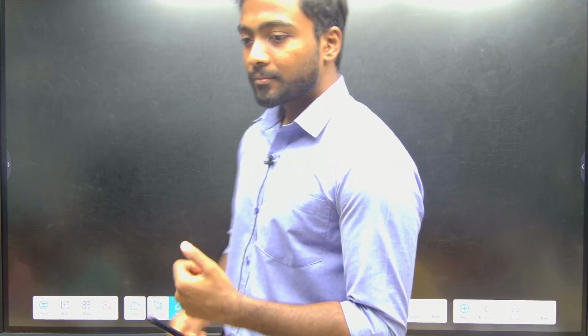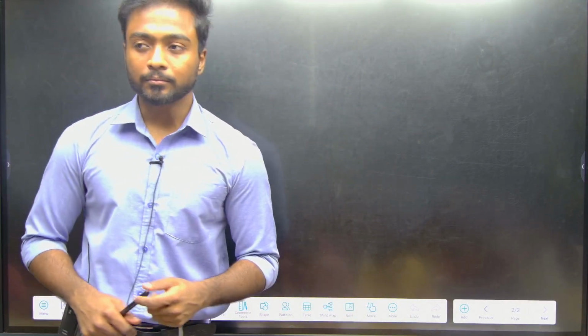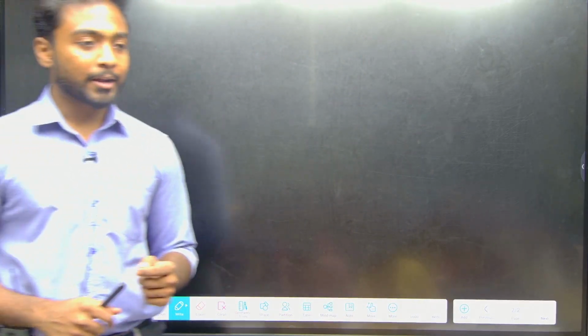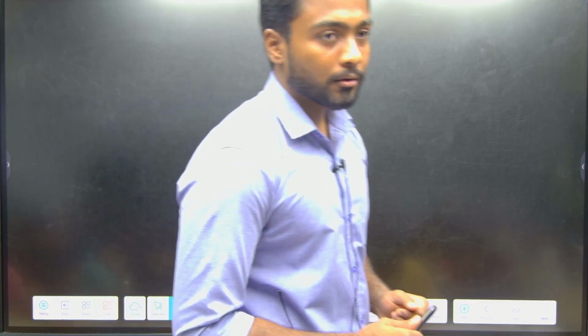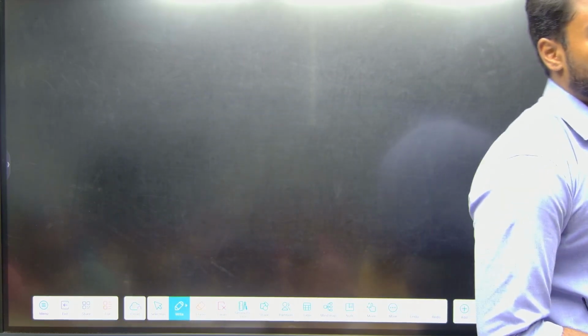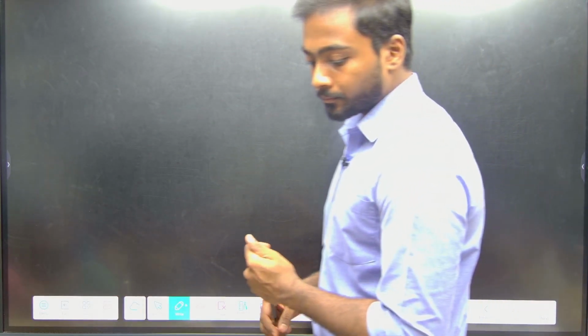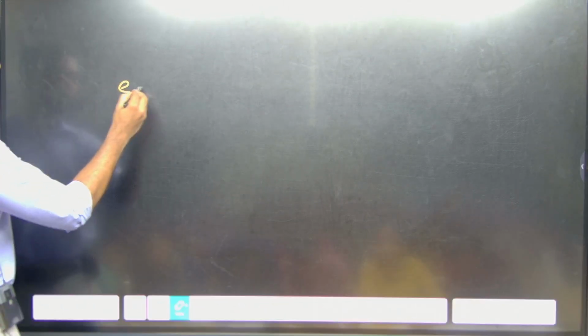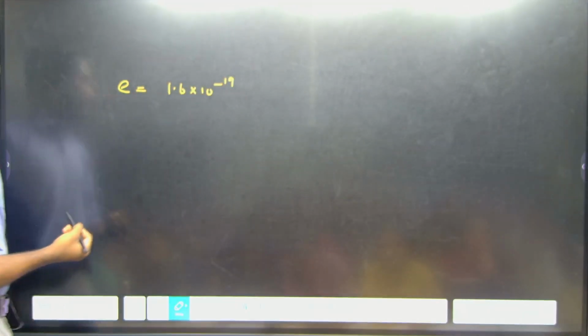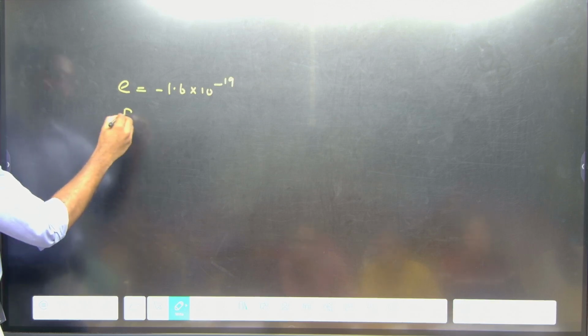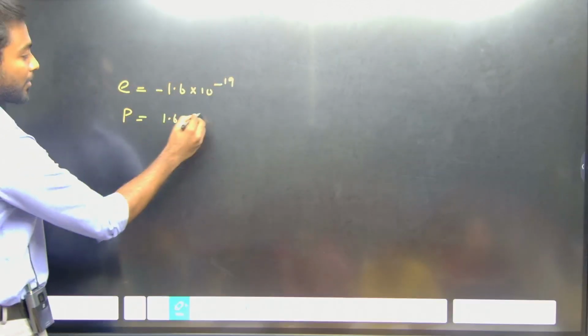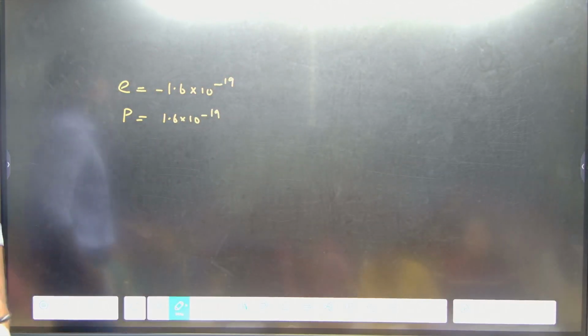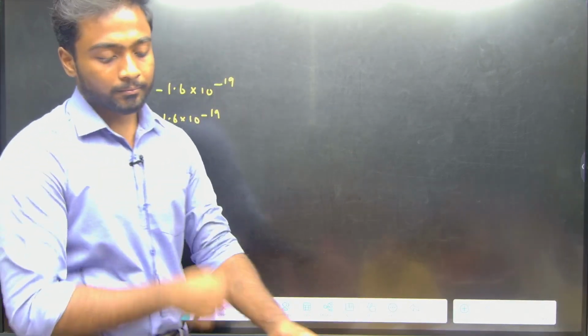In this, the lightest particle is electron. The charge of electron is 1.6 into 10 power minus 19, and it is negative, and proton is 1.6 into 10 power minus 19, one is positive and one is negative.